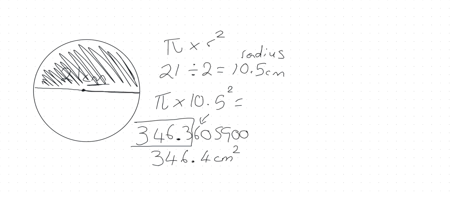So if I'm just looking now at that shaded area, I've now got to take my answer and divide it by 2 to give me that semicircle, which is only half of the circle rather than the full. So for a full circle, do as you see on the screen. If it's a semicircle, then we're going to take that answer and divide it by 2 to give us that semicircle that we need. And that is that.